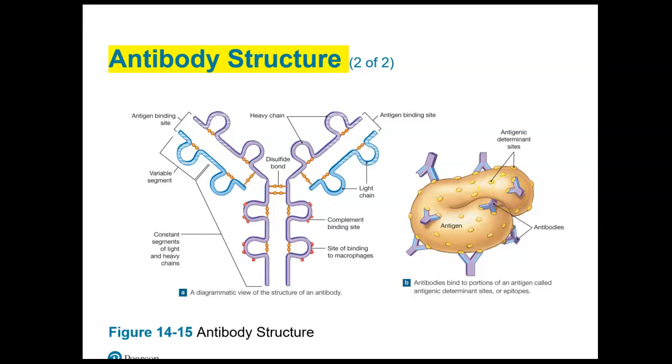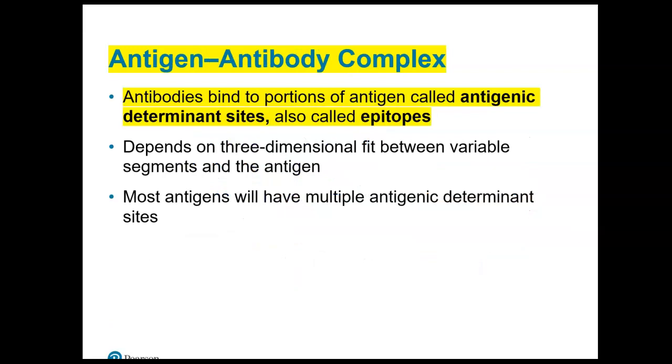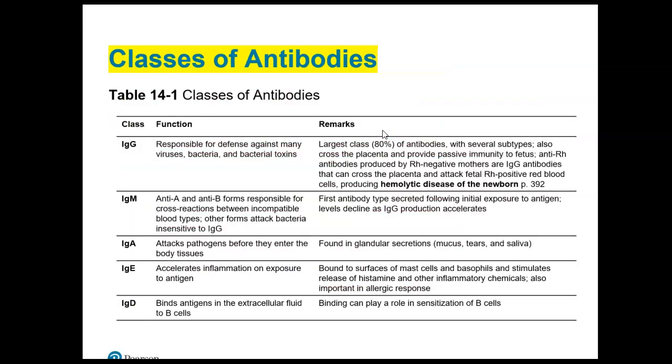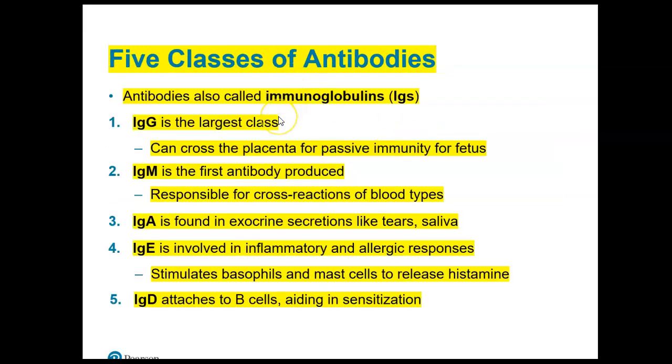So that's how it looks when an antibody binds to an antigen, forming an antigen-antibody complex. And again, in the notes, it makes it clear antibodies bind to portions of antigen called antigenic determinant sites, also called epitopes.